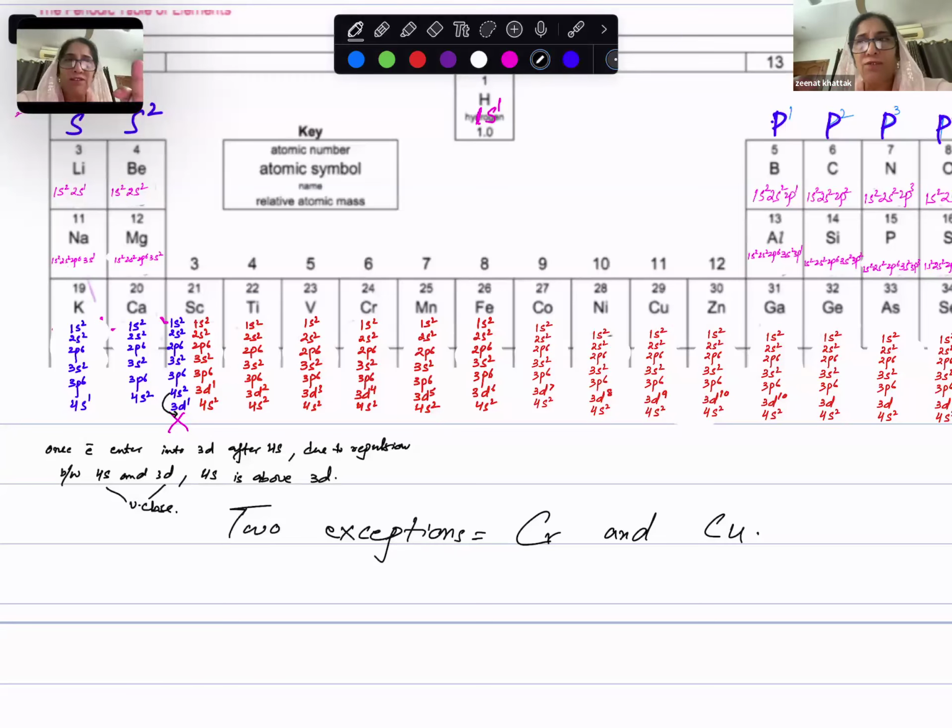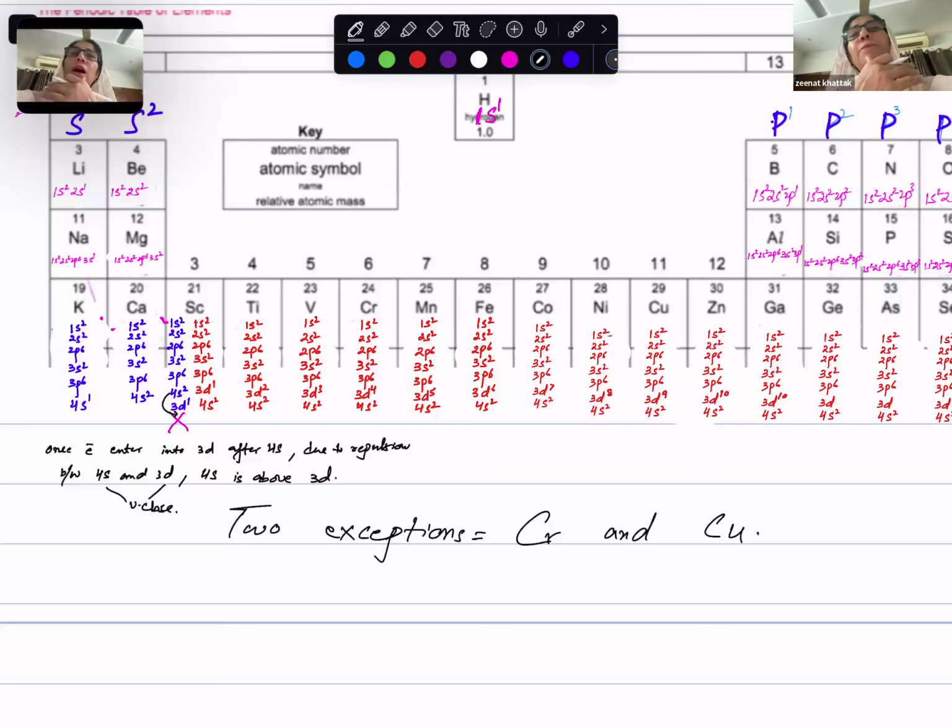You guys must know that in chromium and copper, the 3d becomes half filled and completely filled at the cost of the 4s electron. Why? Because the 4s is very close. They can put the electrons in any way to become more stable. That's it. And the explanation that we are giving is not actually in the syllabus.